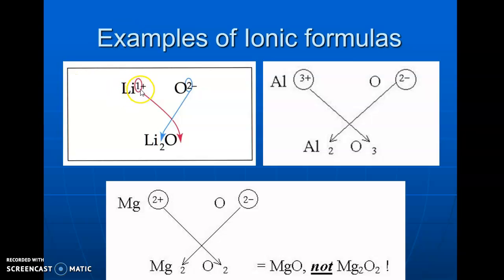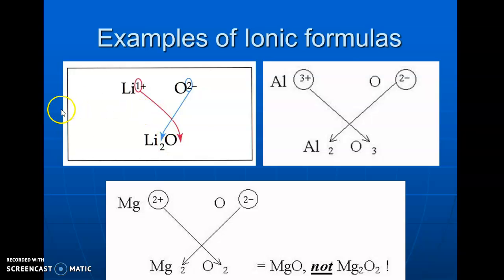I take the 1 from the lithium and give it to the oxygen, and 1s are not written as subscripts, so it disappears. I take the 2 from the oxygen and cross it down to become the subscript with the lithium, and the negative sign disappears. So Li2O is the formula for lithium oxide.